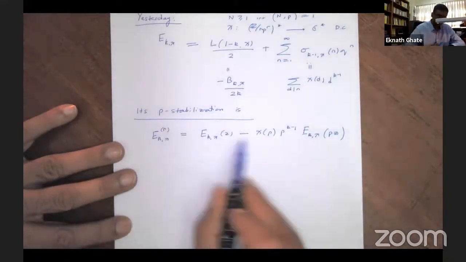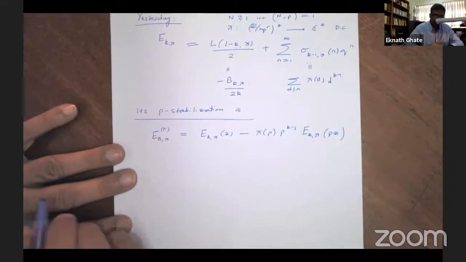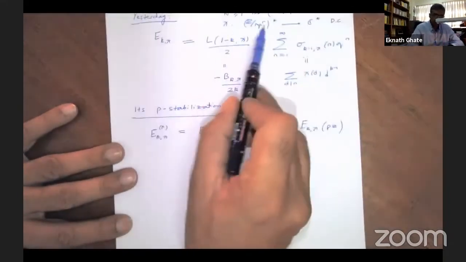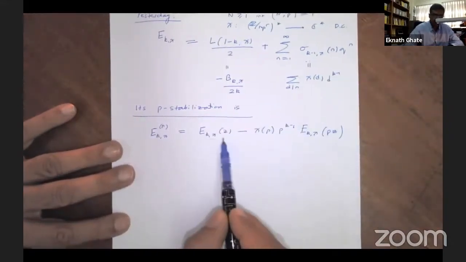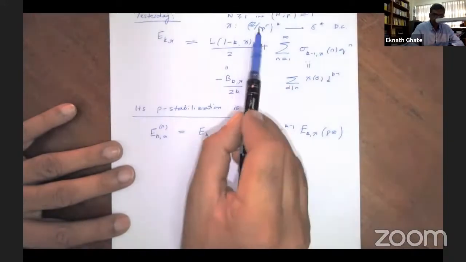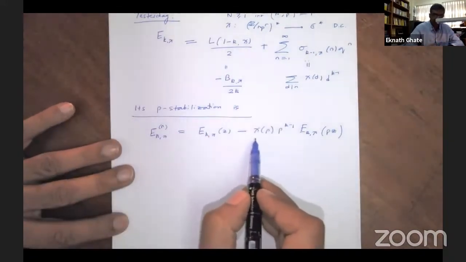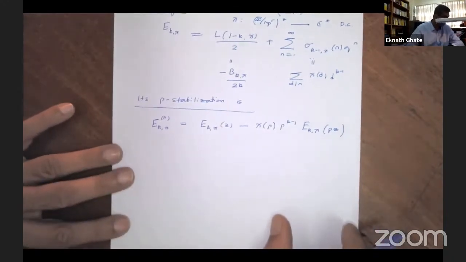You take a difference of these two old forms. So this is not doing much if the conductor of chi is divisible by p. I mean, if this chi has a genuine p part, this chi of p is 0. So this term is not there. You just get the original thing. But if chi was really of level n and there was nothing in the p part, then this is some non-trivial thing. You're subtracting off something. Okay, so that's the p-stabilization.